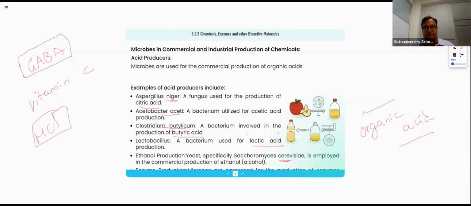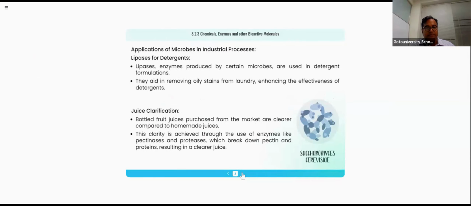Now we are entering the next important segment, which is lipase for detergent. You know very well, lipase is very, very important for digesting oil spills. Once upon a time, there was a great scientist called Ananda Chakrabarty.